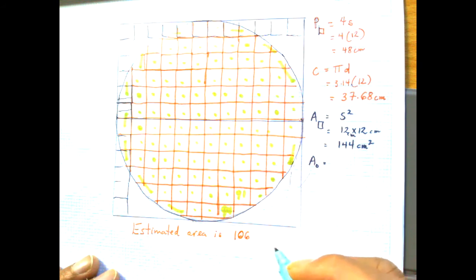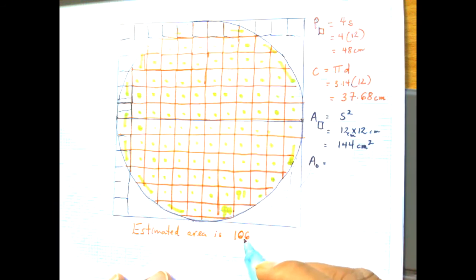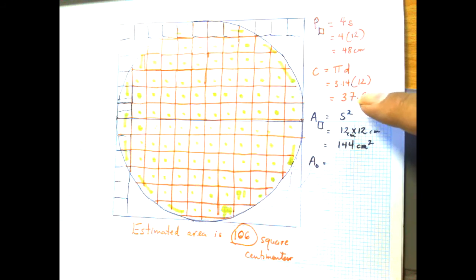Was it 106 or 107? So it's around here, the estimated area is around 100-something square centimeters. That's the estimated area of the circle. And obviously it should be less than the area of the square, which is 144.